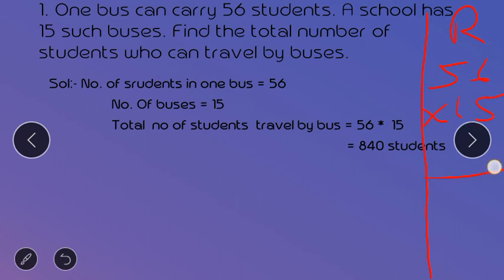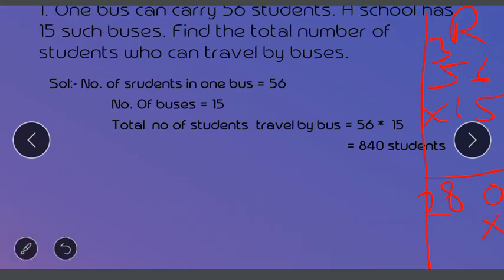Okay. Now 5 6s are 30. 0 carry 3. 5 5s are 25 plus 3, 26, 27, 28. Take out your finger and count carefully, because if you commit a mistake here, children, you will not get any marks. So your multiplication should be correct.